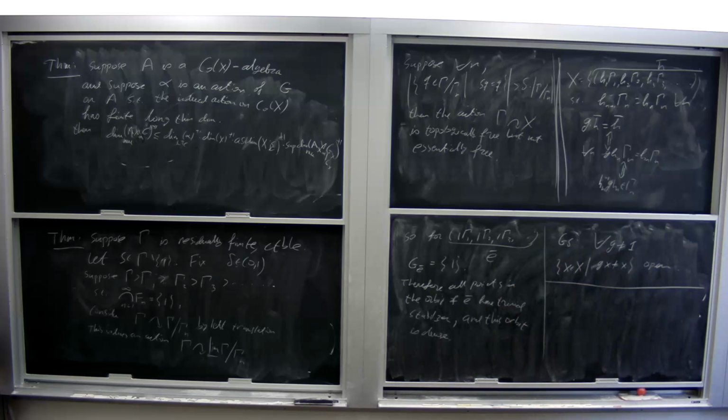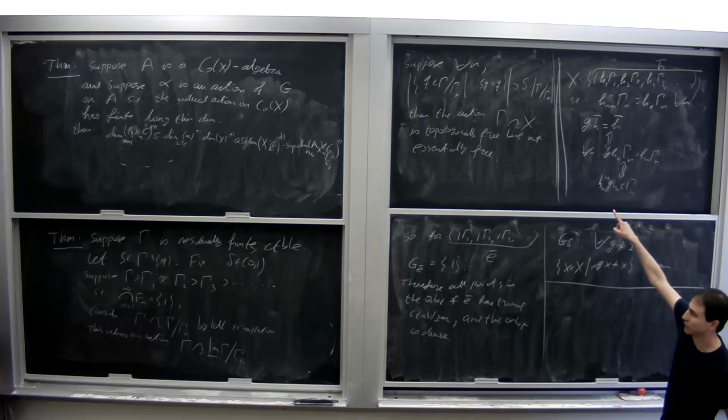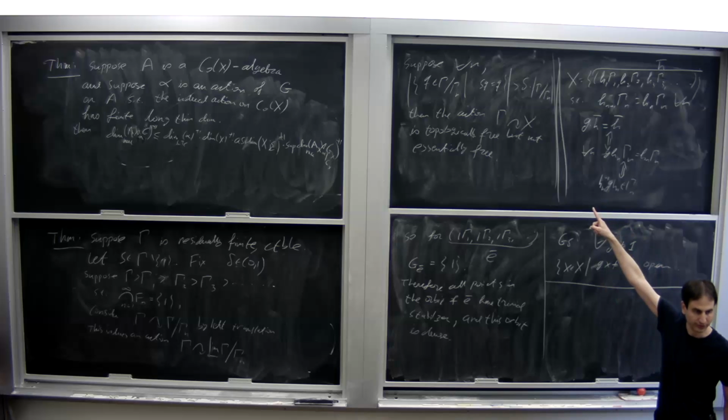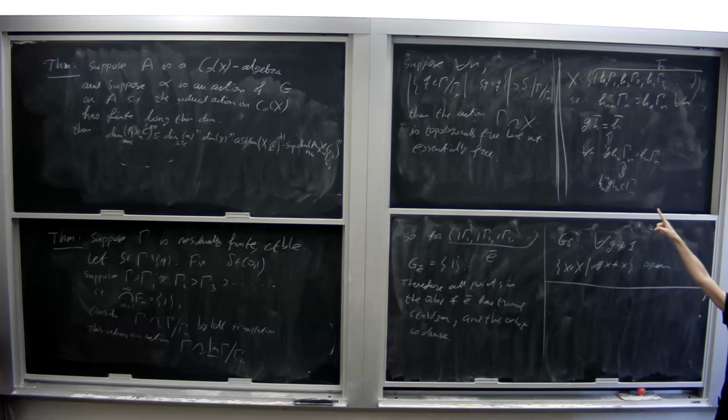Now, on the other hand, for essentially free, that pretty much shows you it's not. The condition we had about the size of S, if you track it down, shows you that the set of all points which are stabilized by this particular S has to have measure at least delta.